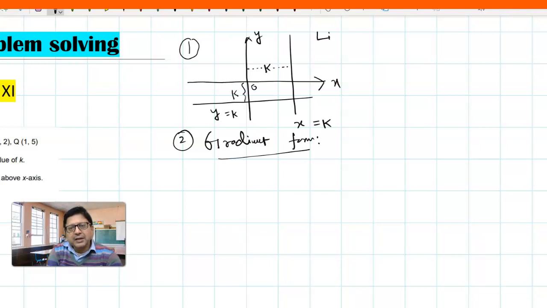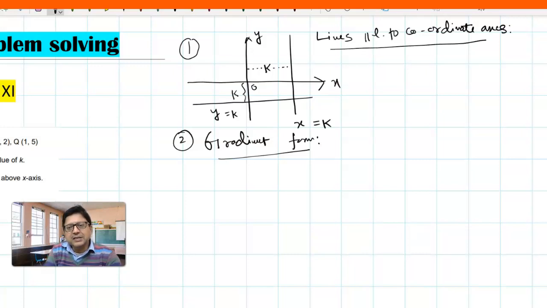This was lines parallel to coordinate axis, and this is in gradient form, or you can say that this is slope intercept form. What is that slope intercept form?